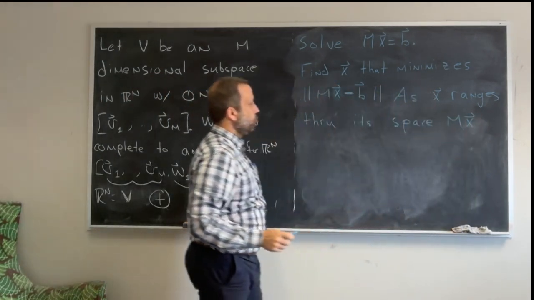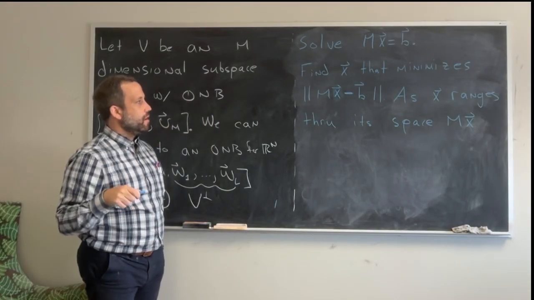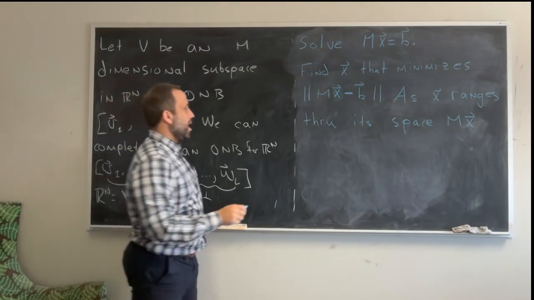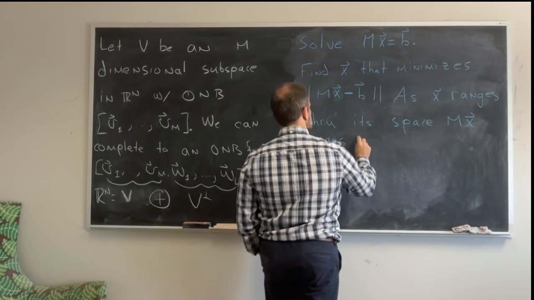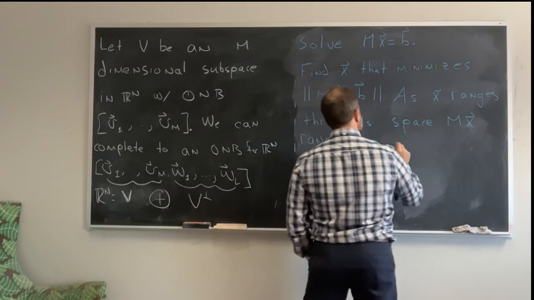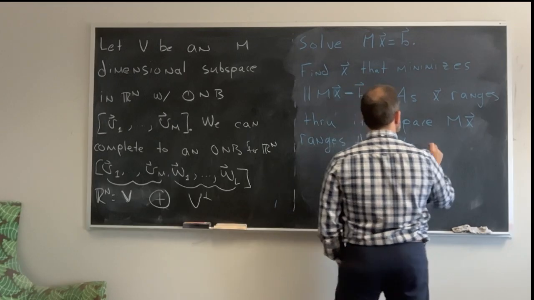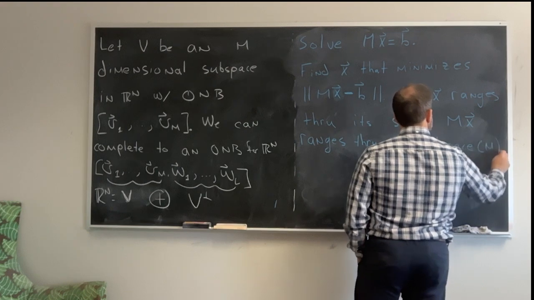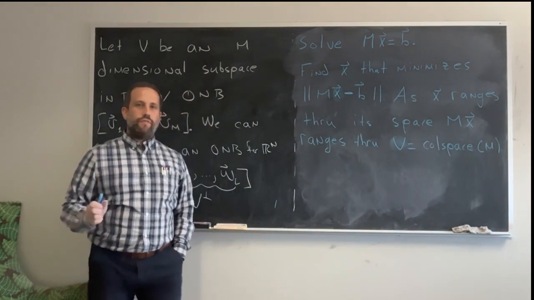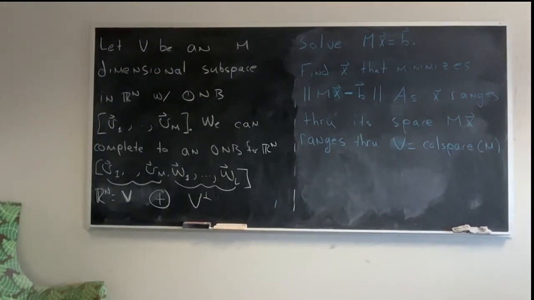For every vector x, we're forming a linear combination of the columns of M. So if we look at all of the x's that we could put there, as x ranges through its space, Mx ranges through the column space. I'm going to call this V, suggestively, the subspace V, which I'm calling the column space of M. Again, because for every x, we get a different linear combination of the columns of M, and we can do all of those linear combinations, and so we're going to get the column space of M.